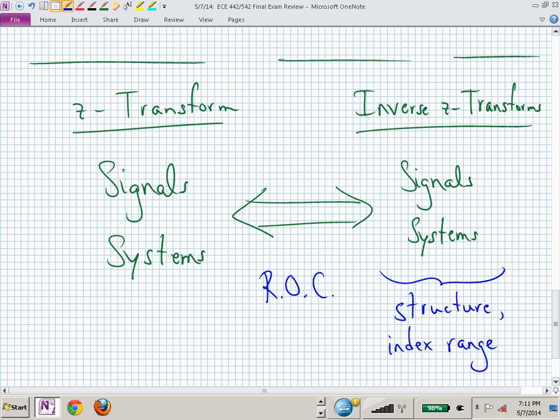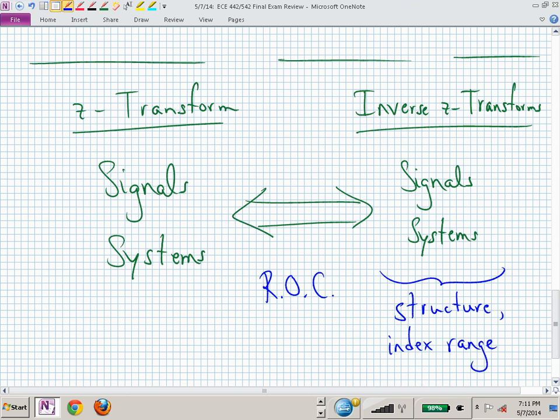And if you forget, you can just write down the definition of the Z transform and ask: is there a point in the Z plane that's in the region of convergence, and does that tell me something about which of these coefficients are zero or non-zero? That might tell you which side: right-sided, left-sided, or two-sided.